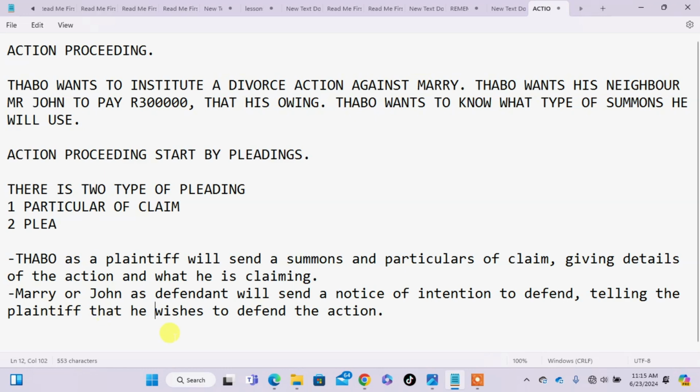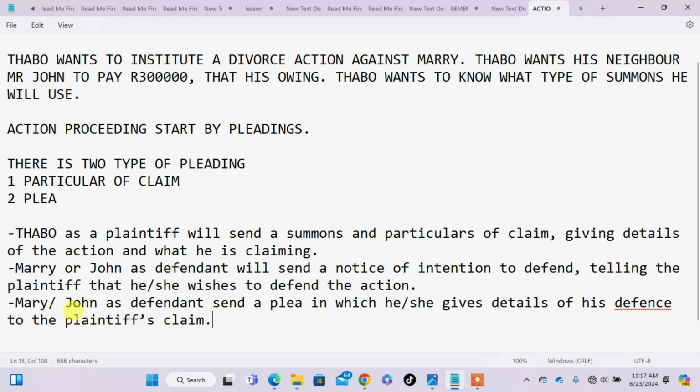When Mary or John receive the summons and particular of a claim, as a defendant, they will send a notice of intention to defend, telling the plaintiff that he or she wishes to defend the action. So this is happening during the time of pleadings. Then they are telling Thabo that we will defend the matter, right?